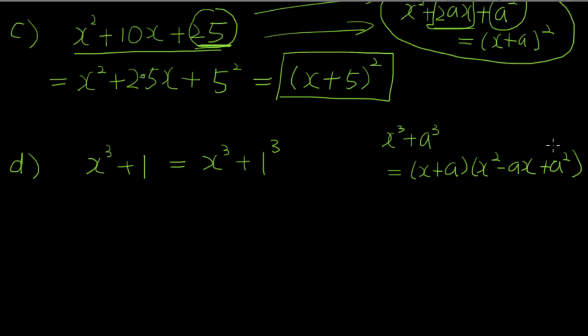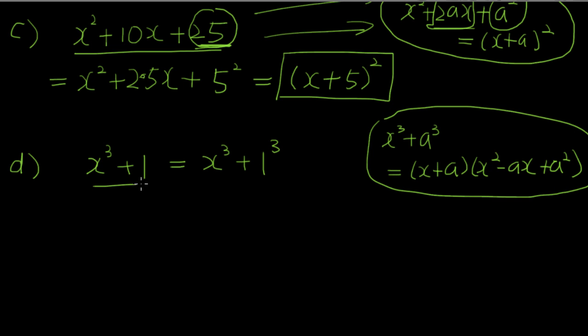Remember that formula that I showed you in our previous video clip? So we can use this formula for this question if we can recognize this 1 as 1 to the third.